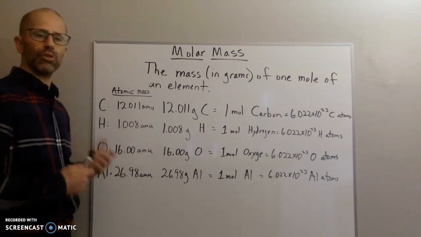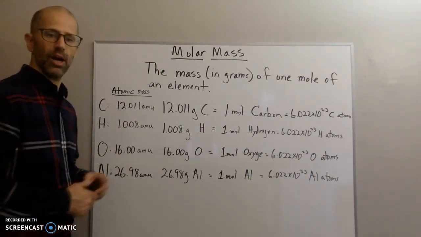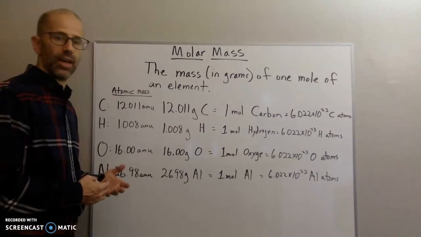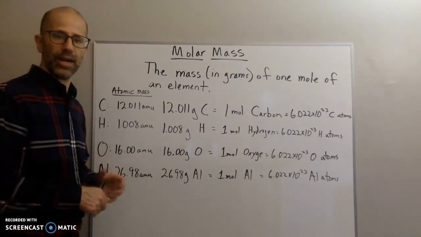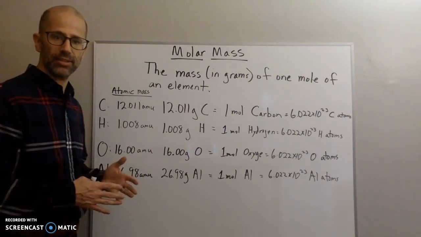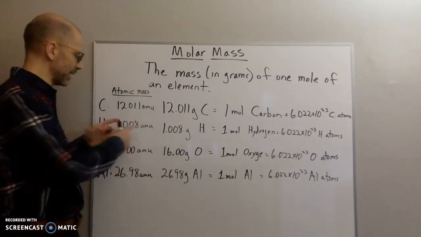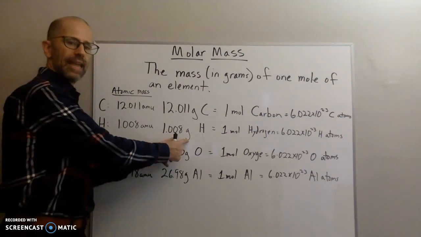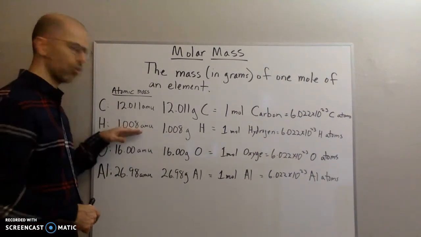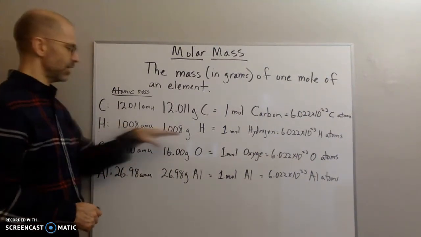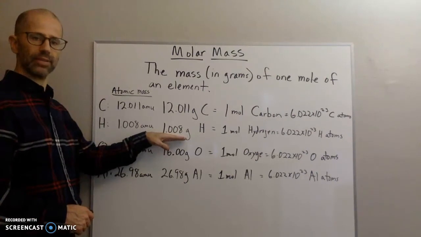So if you know the atomic mass of an element, and you do because you have the periodic table, you look on your periodic table for the atomic mass. That atomic mass in AMUs is the same as the molar mass in grams for 1 mole of that substance. So if you know the atomic mass, then you know the molar mass as well.